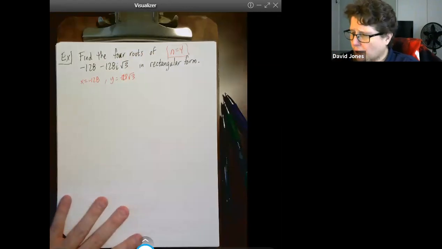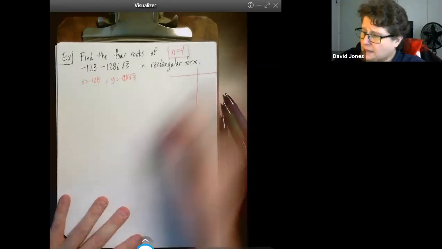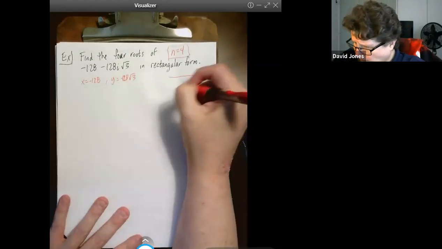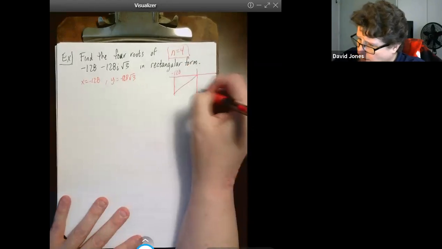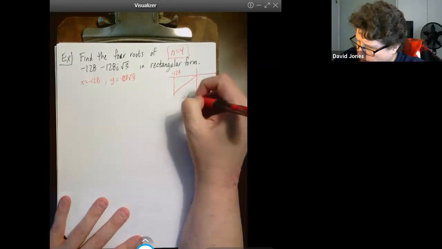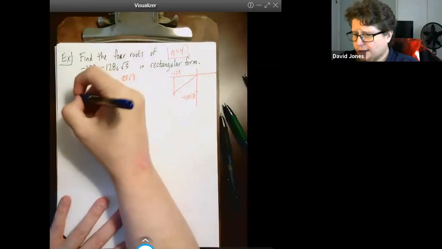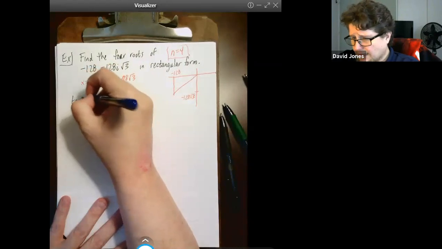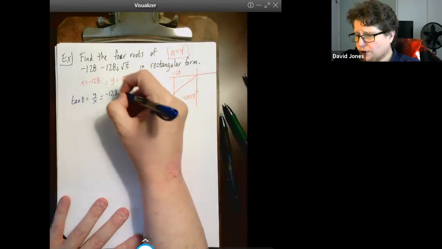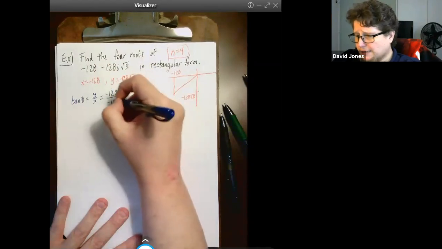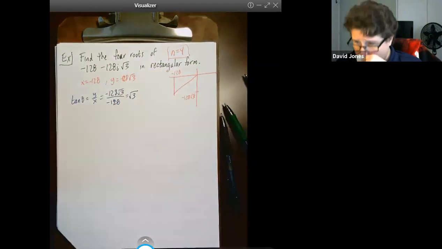This is in the 3rd quadrant. So tangent theta equals y over x, negative 128 root 3 over negative 128, which gets me root 3.